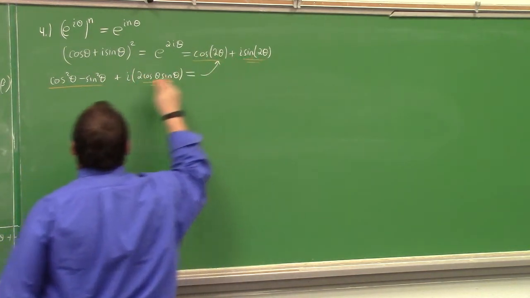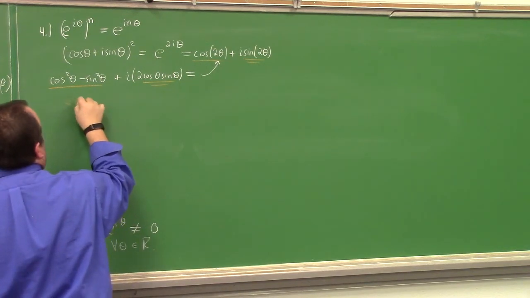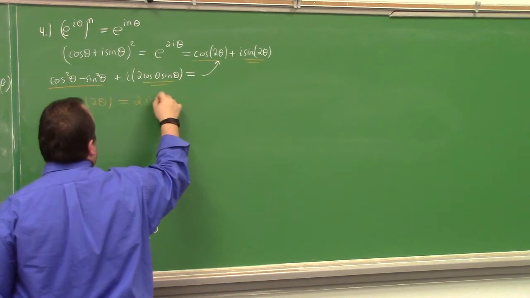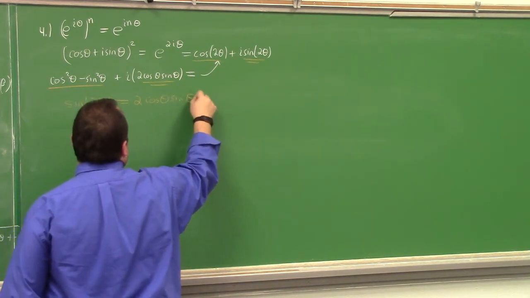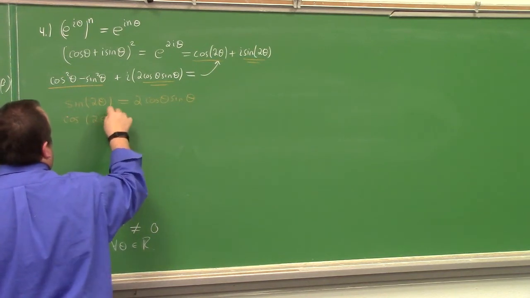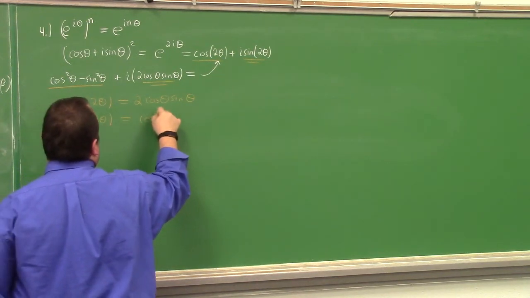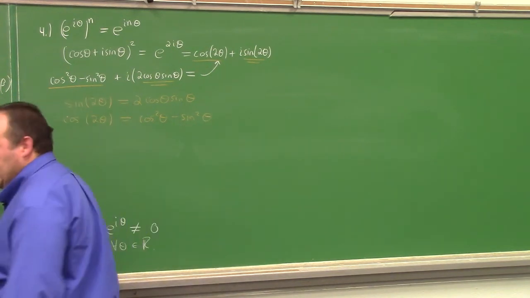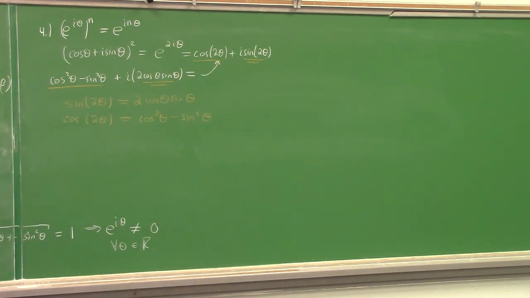And of course, we get the well-known identities like sine of 2 theta is 2 cosine theta sine theta, right? And cosine of 2 theta is cosine squared theta minus sine squared theta. So these are, of course, well-known trig identities if you've taken trigonometry recently. They both easily pop out of identity 4, right?